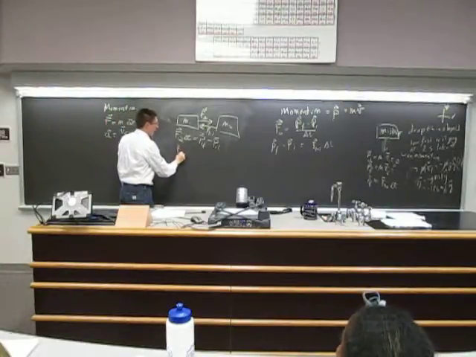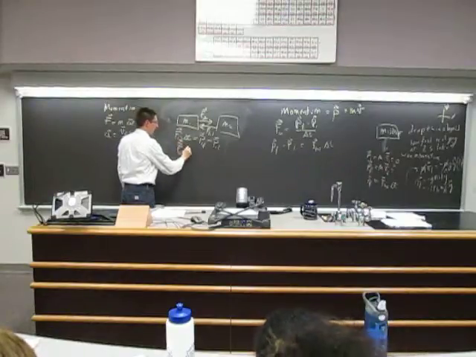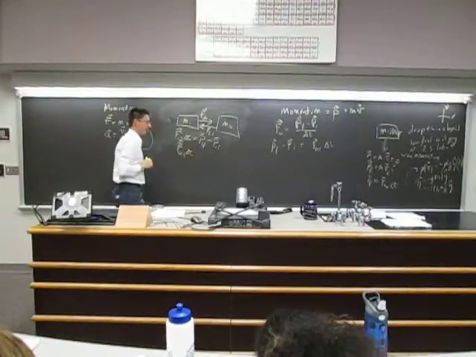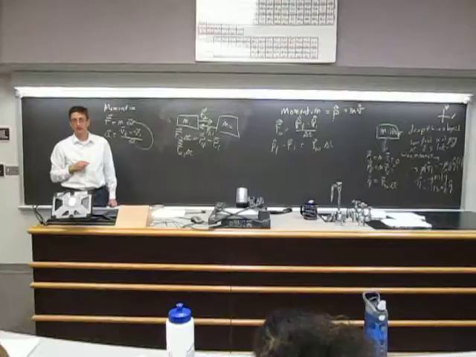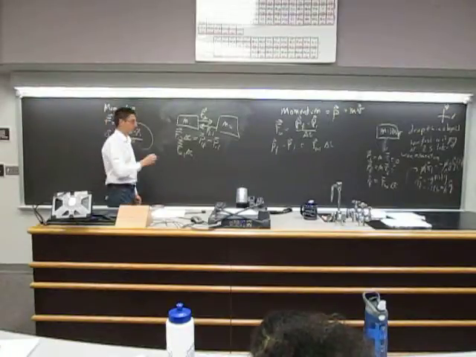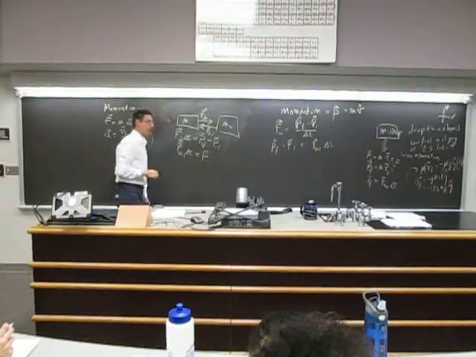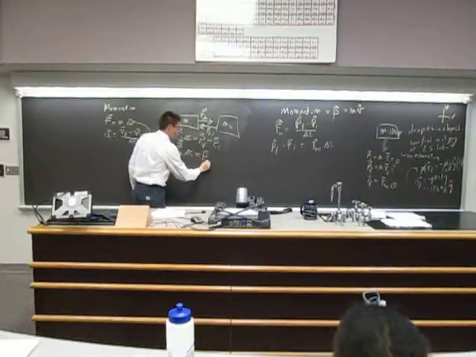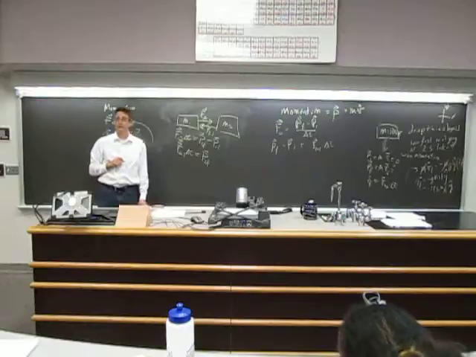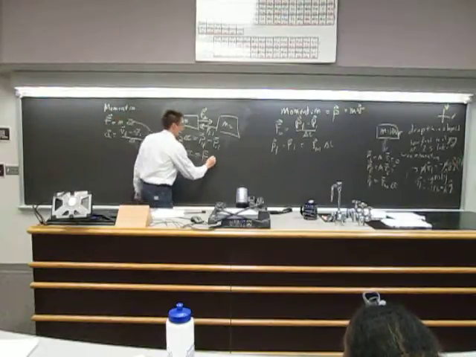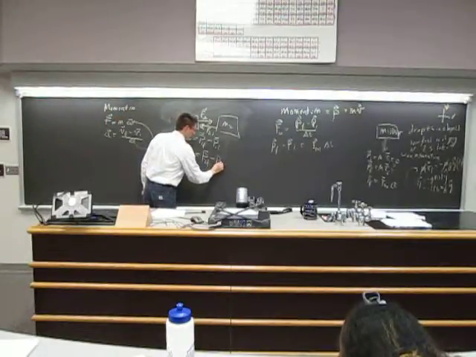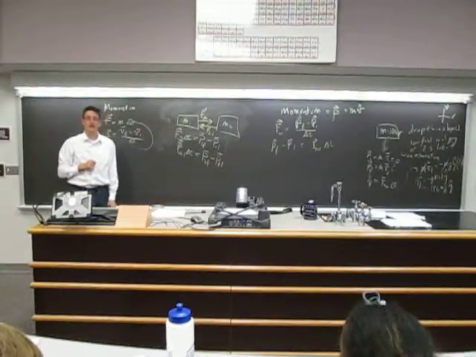The force on object 2 by object 1 times the time that it's acting for would be the final momentum of object 2 minus the initial momentum of object 2. Right? Make sense?